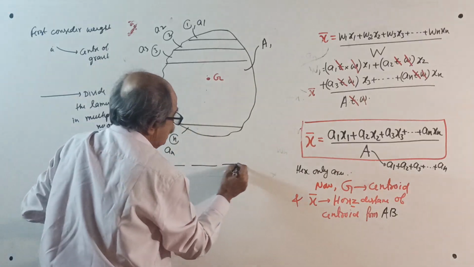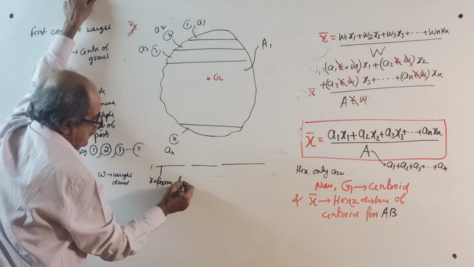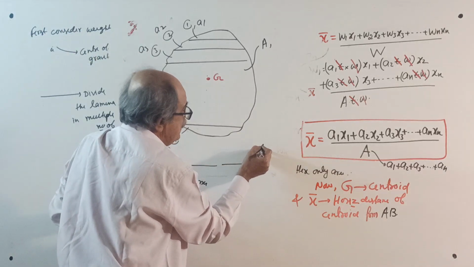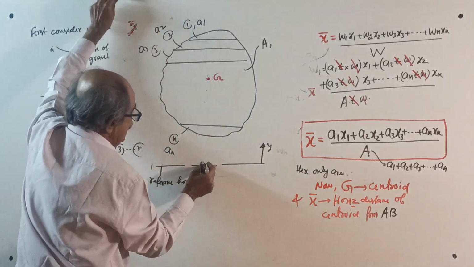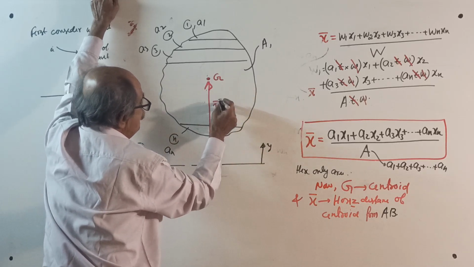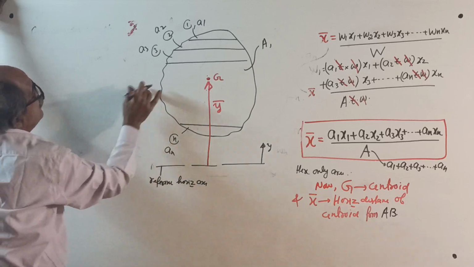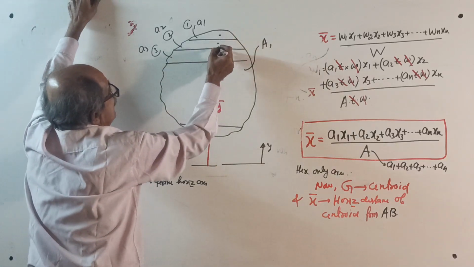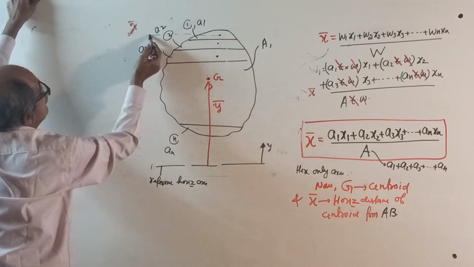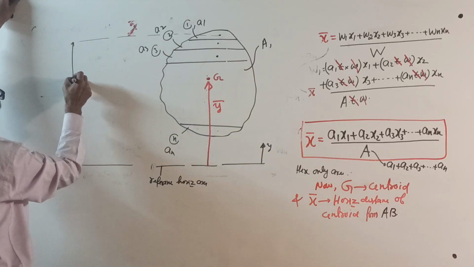Draw a reference horizontal line, the reference horizontal axis. From here we will consider y this way. Let the centroid be at y bar from here. For A1, this distance is for its own centroid, Y1.